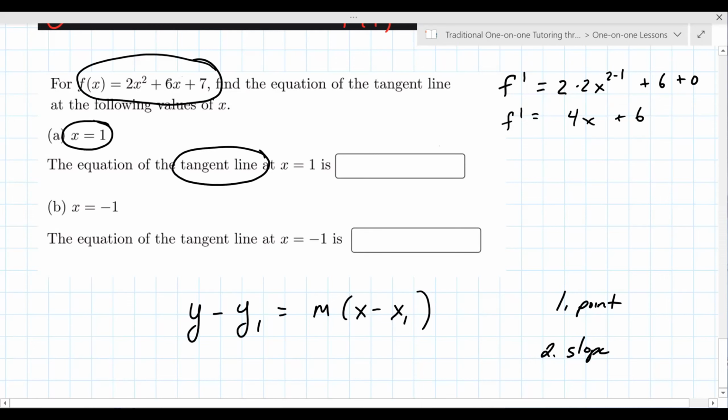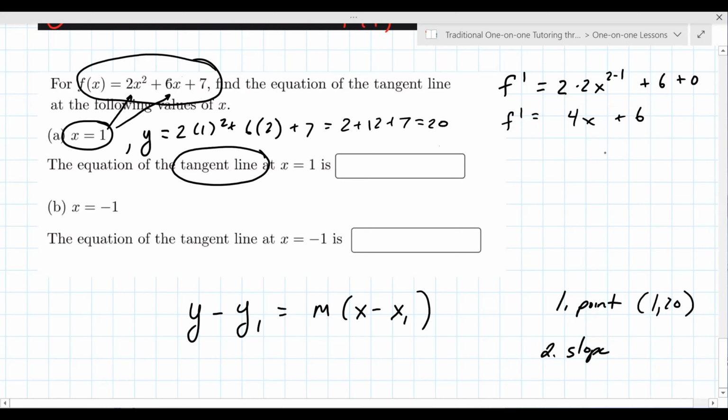If x is 1, we need to find the y value, so you plug 1 back into the original, because you want a point on the curve. That's 2 times 1 squared plus 6 times 1 plus 7, which is 2 plus 6 plus 7, that's 15. So your point is (1, 15).